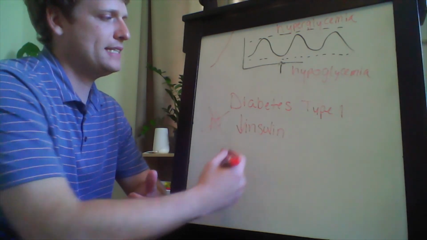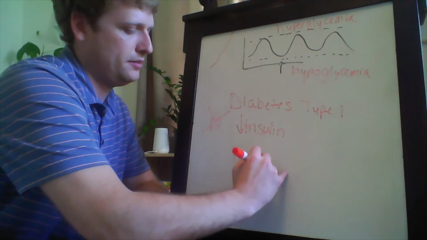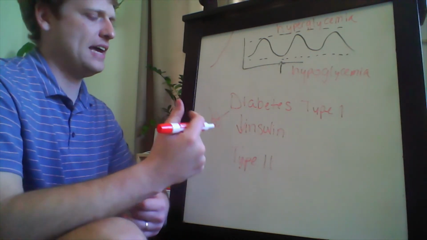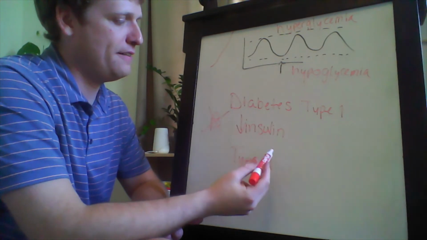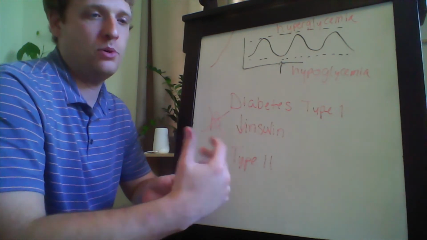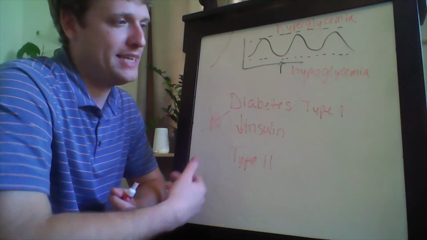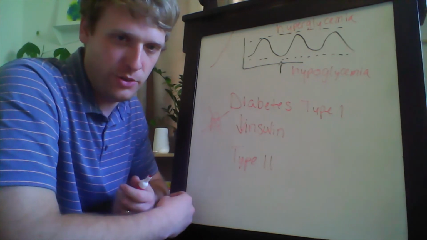What makes type 2 diabetes different is that you still are going to have the same effect as if you had less insulin. But what happens here more so is that cells become insensitive to insulin.